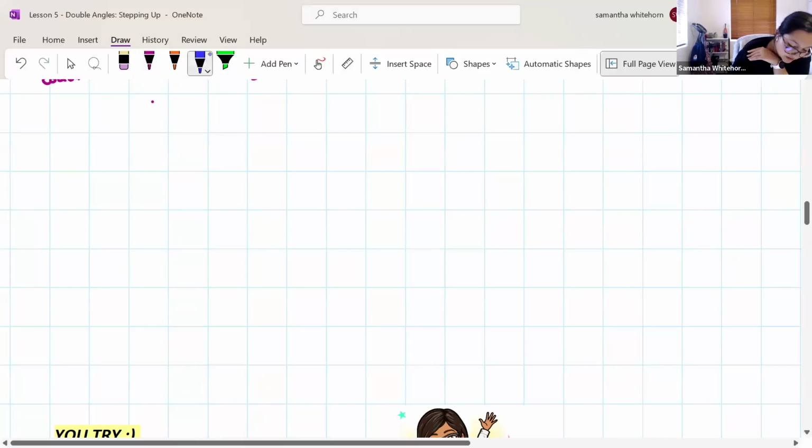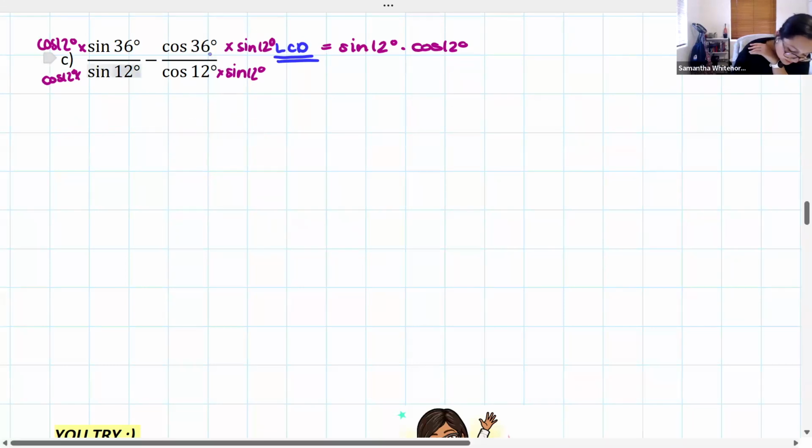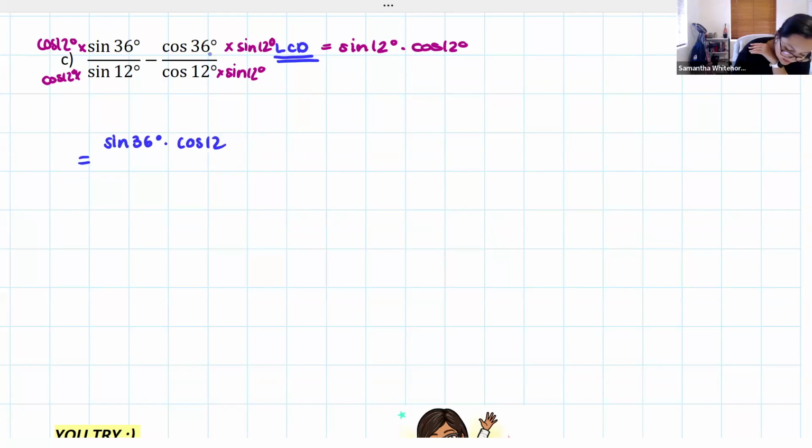Okay, so now everything's one fraction over sine 12 cos 12. Your numerator is sine 36. Oh gosh, okay, so it's not going to work there. We'll move it. Numerator is sine 36 cos 12 minus cos 36 sine 12 all over that LCD, like I said.